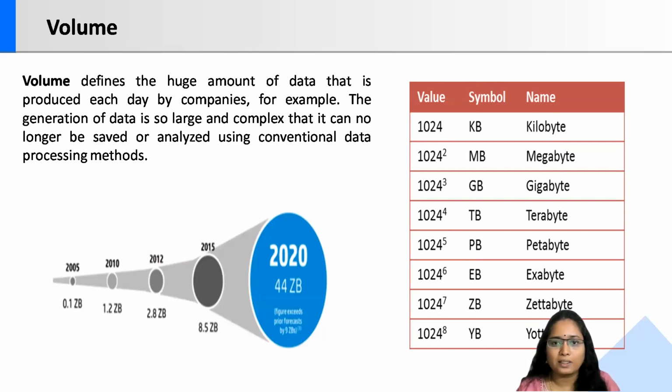Data storage goes from kilobytes to more than petabytes, exabytes, and zettabytes. Daily, so much data is generated in social media and companies, which is again a challenge for them to handle such a huge volume of data.